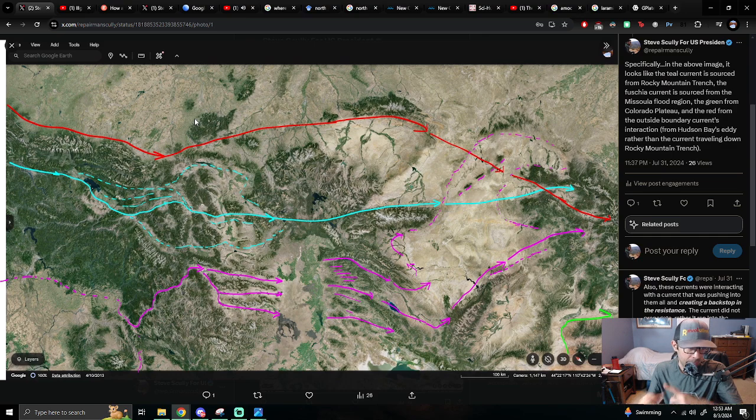But so we got this, the Rockies formed from the Missoula flood, the Hudson Bay eddy, the Bonneville flood, and the whole eddies, all the global flood associated with it. But these sources of water are playing a role. I don't know if it's the Missoula specifically in terms of time frame.